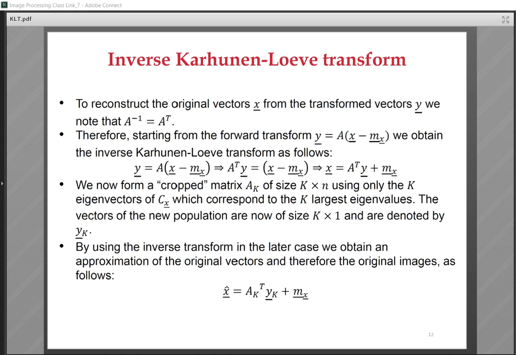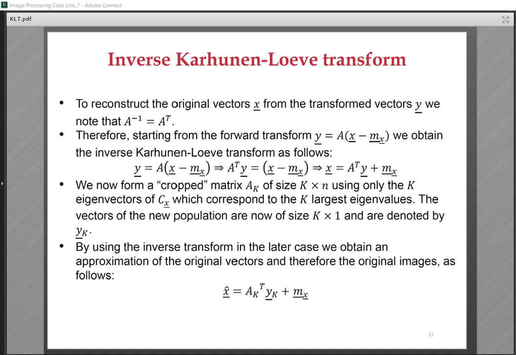A cropped matrix AK of size k by n, not n by n, using only the k eigenvectors of CX, which correspond to the k largest eigenvalues.